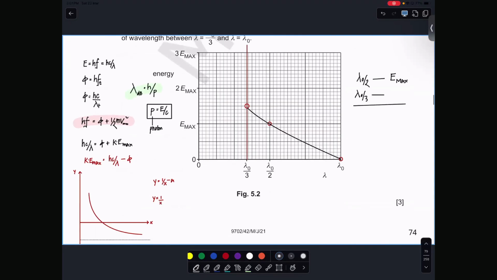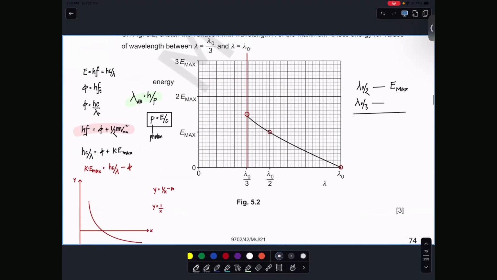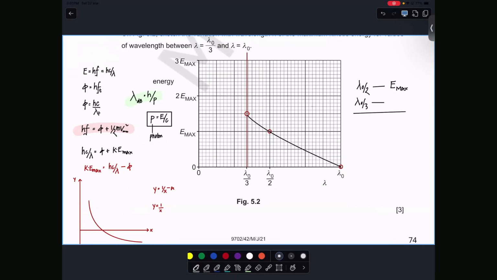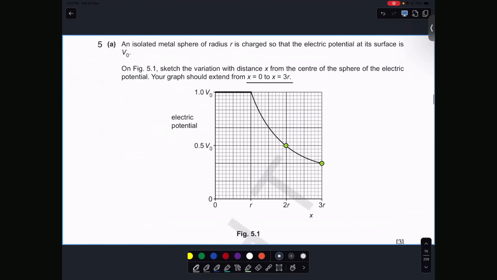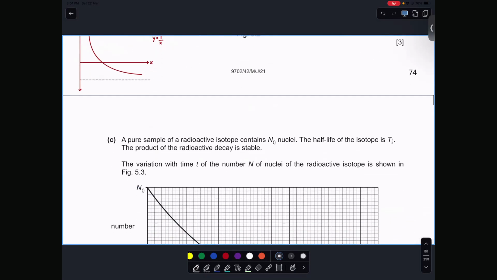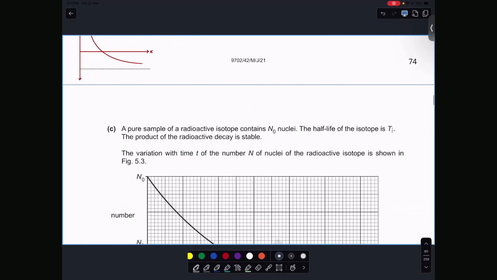Okay, which year is this? May June 21. Question number... It says line with negative gradient from lambda passing through lambda not, 0.